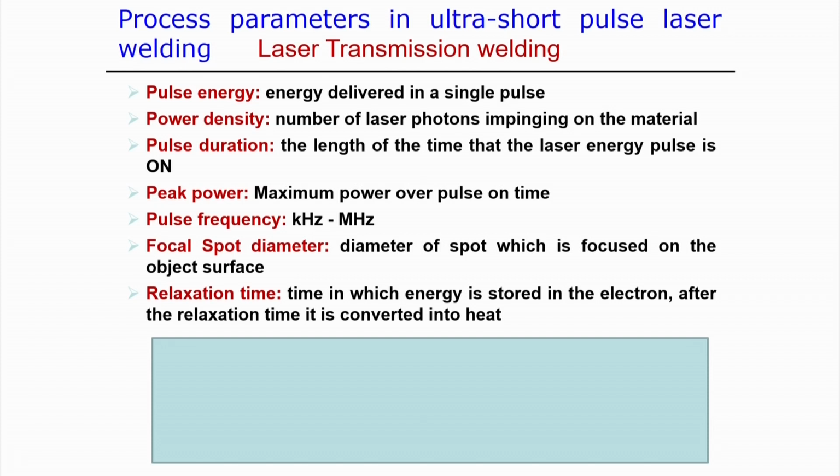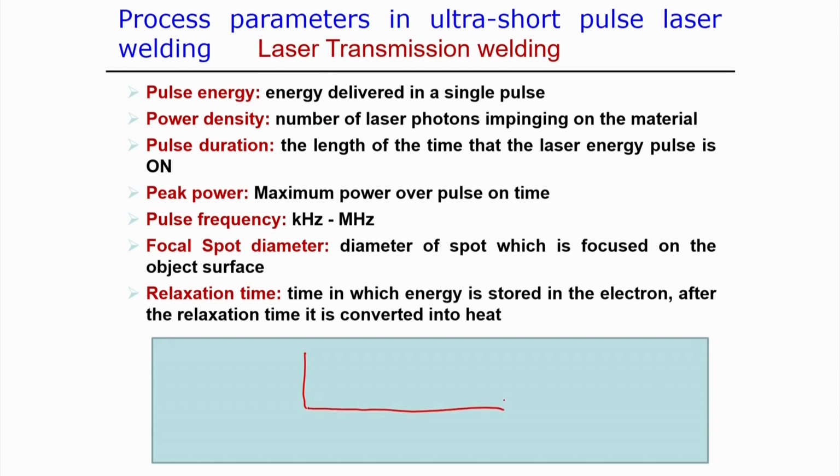The relaxation time is basically defined as the lag in the development of the heat flux or the temperature gradient within the domain. That lag time is very important when the substrate material interacts with the ultra short pulse laser.